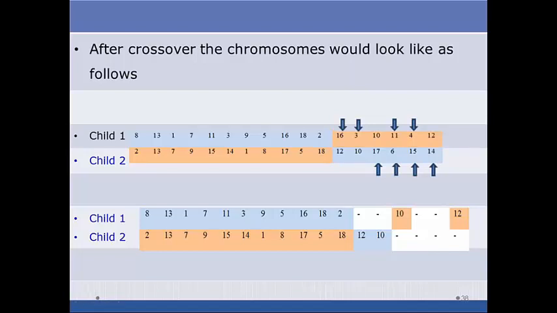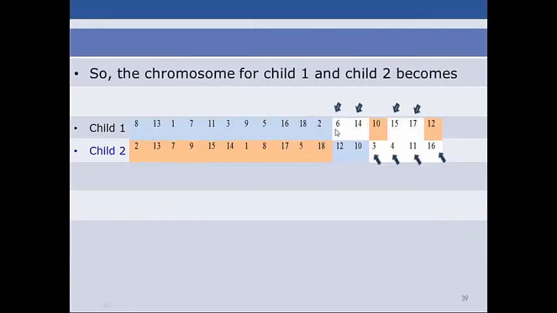If this had been a binary coded algorithm, there would be no need for this step, but this is the mechanism devised in this particular RCGA. So what I did, these numbers are deleted and whichever numbers from 1 to 16 are not present in this particular chromosome, those numbers are randomly placed into these gaps. So I could get the new chromosome, for example, like this. In this way the chromosomes are generated.